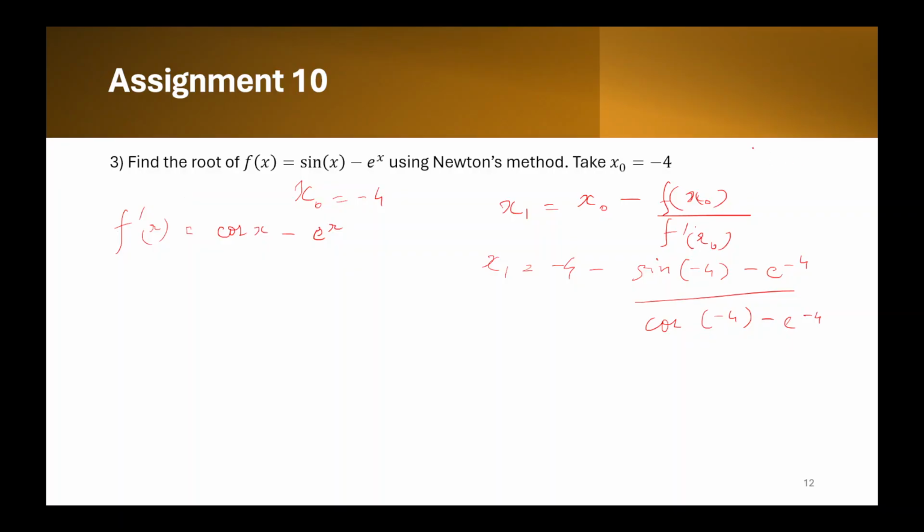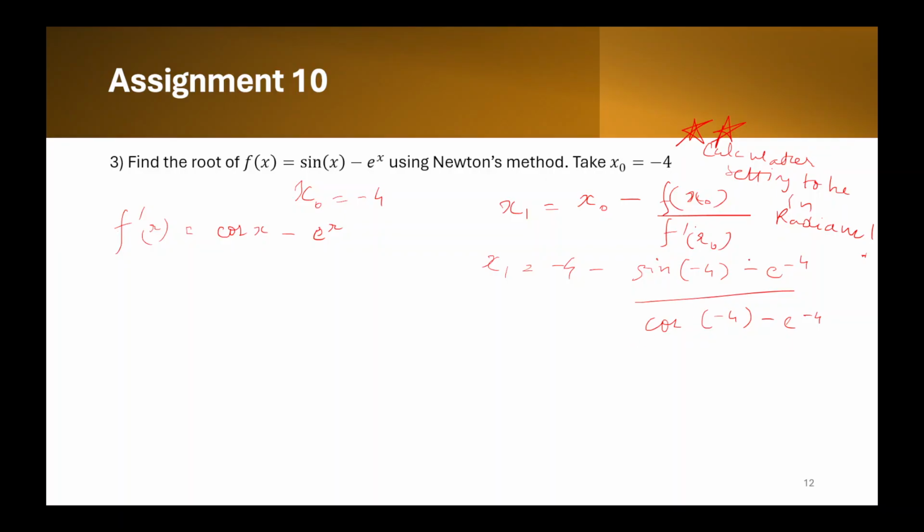Keep in mind the calculator setting needs to be in radians, because this is a radian value.